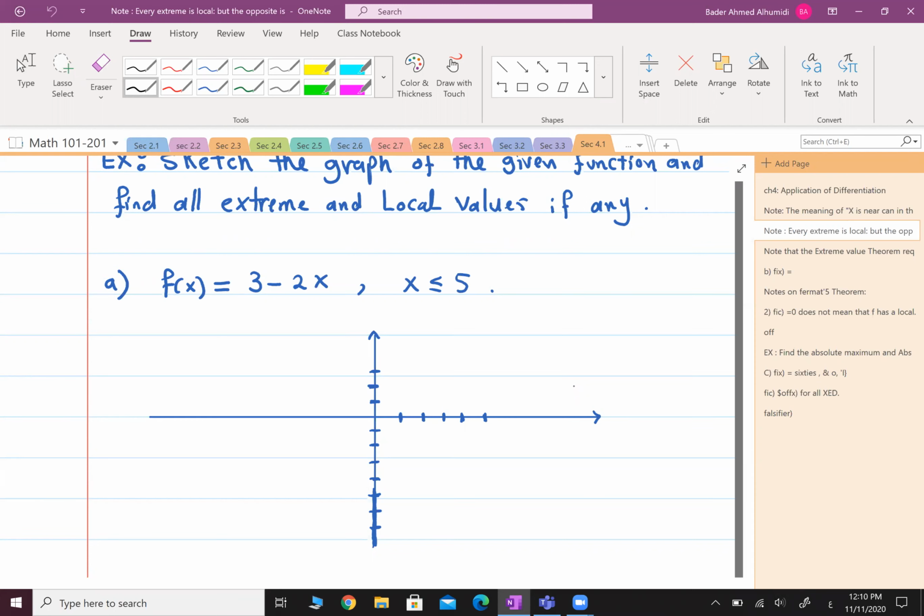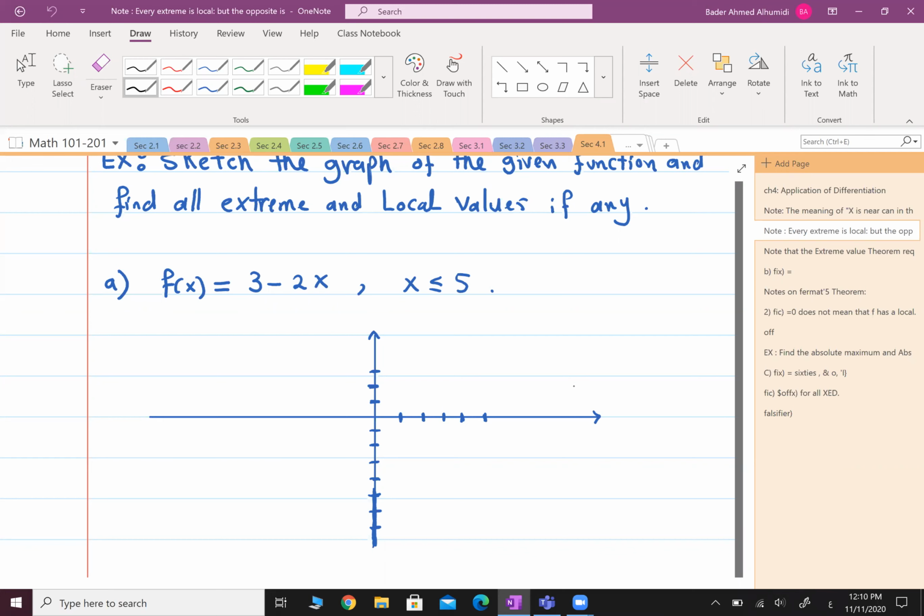For example, here we have part of a line, 3 minus 2x, but we have a restricted domain, x less than or equal to 5. The question says, graph it, and from the graph try to find local values and extreme values, if there are any. How do we draw this ray? I will substitute with points.